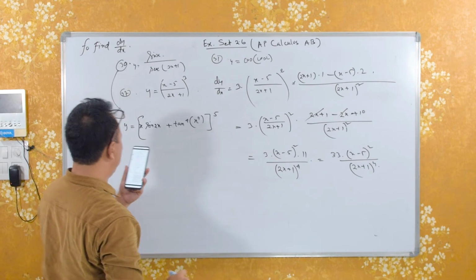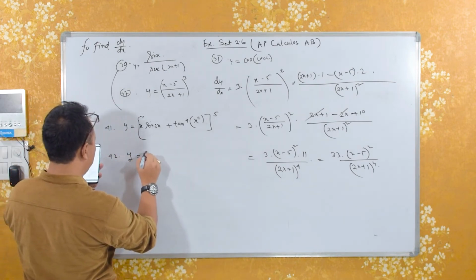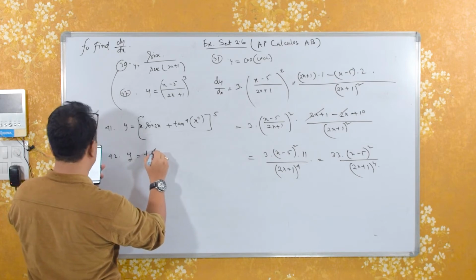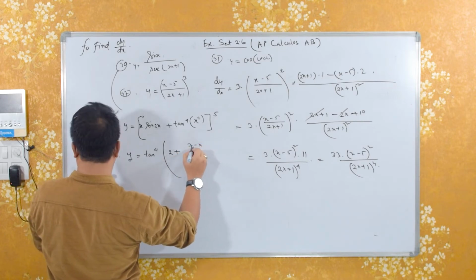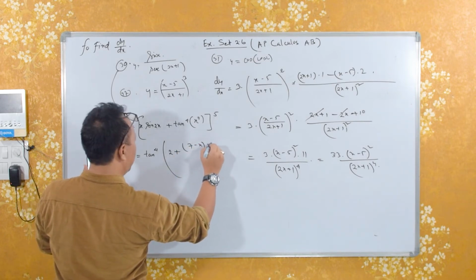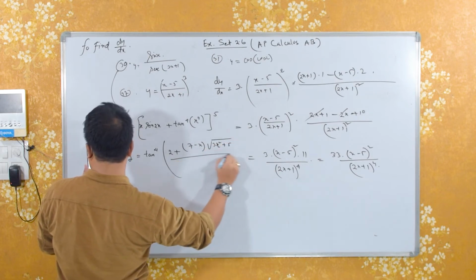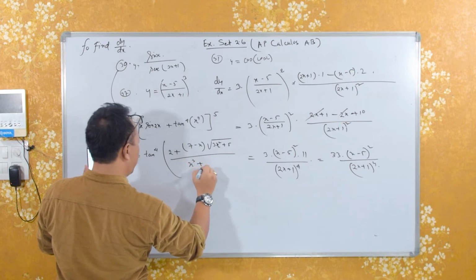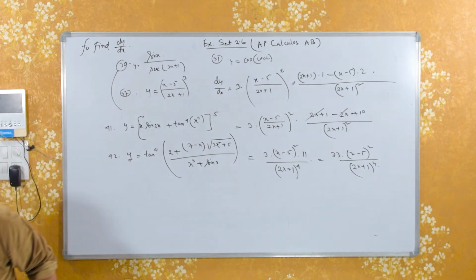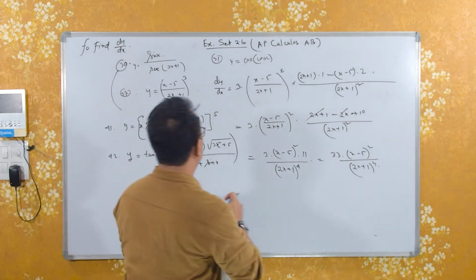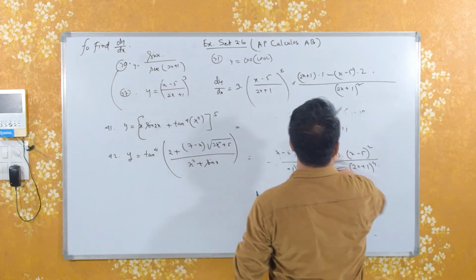This is a smart question. 42, y equals, wow, this is a very nice question, I would say: 2 plus 7 minus x, 3x squared plus 5 upon x cubed plus sine of x. Let's try to solve it very nicely. I will remove the others.